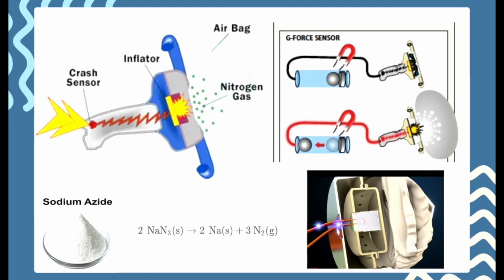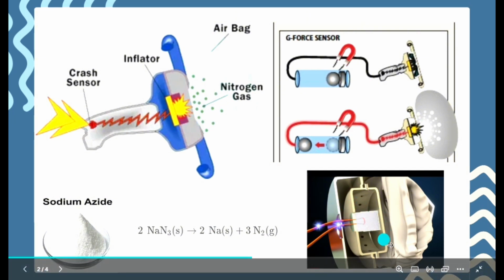The electric signal sent by the ball sensor passes through a pyrotechnic device. It is a thin resistant wire. When the current passes through it, it generates a temperature of more than 300 degrees Celsius.